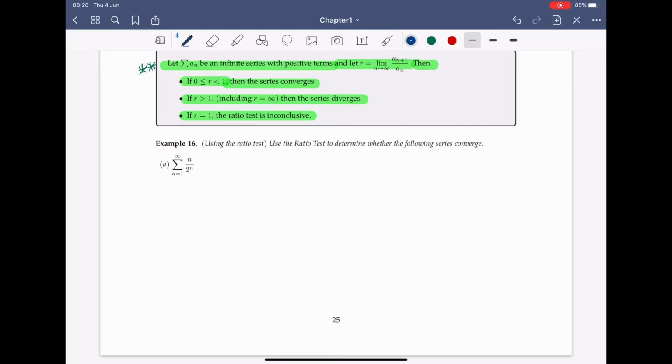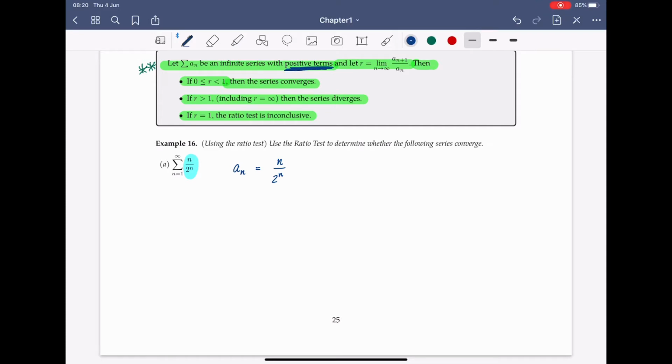Let's start with a_n equal to n over 2 to the n. For the ratio test, a_n must be given like this. So you can see that it is given that a_n equals n over 2 to the n. Before using the ratio test, make sure that you have positive terms.